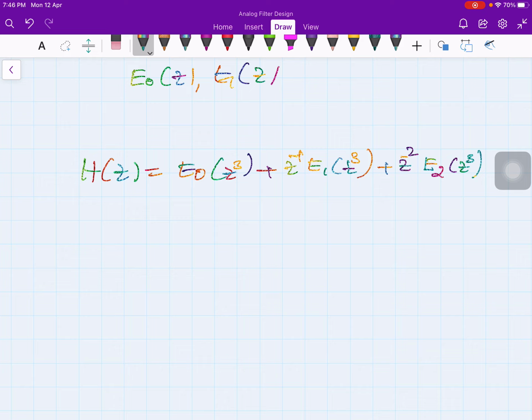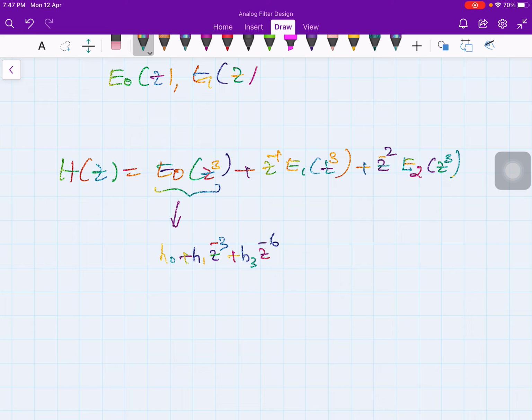and this E0 of z cubed now will be h0 plus h3 z to the minus 3 plus h6 z to the minus 6. That's it. And E1 of z cubed will be, I'm sorry, h1 plus h4 z to the minus 3 plus h7 z to the minus 6.